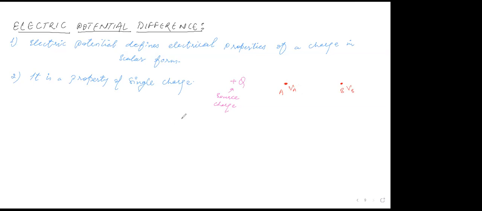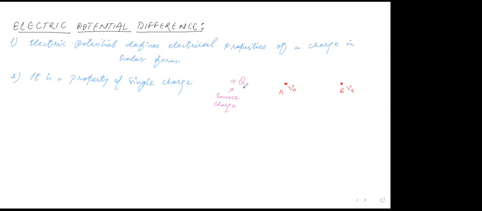Then what will happen when you put a charged particle at point B? Suppose that we are only putting a charged particle at this point B. Then we already know this source charge applies a force upon the charge placed at B, in the away direction. Why?